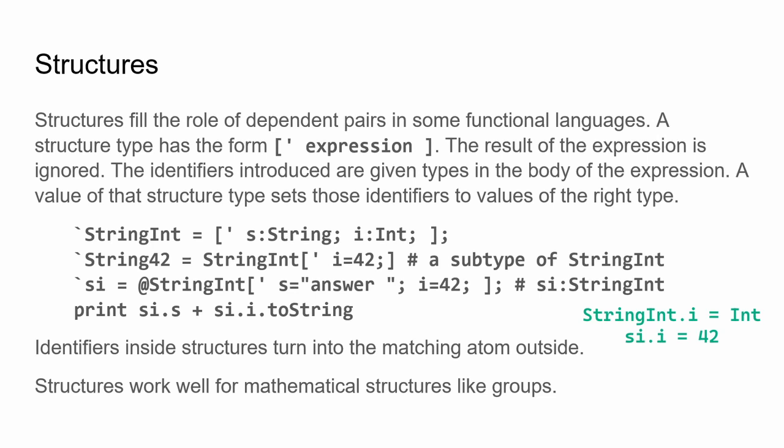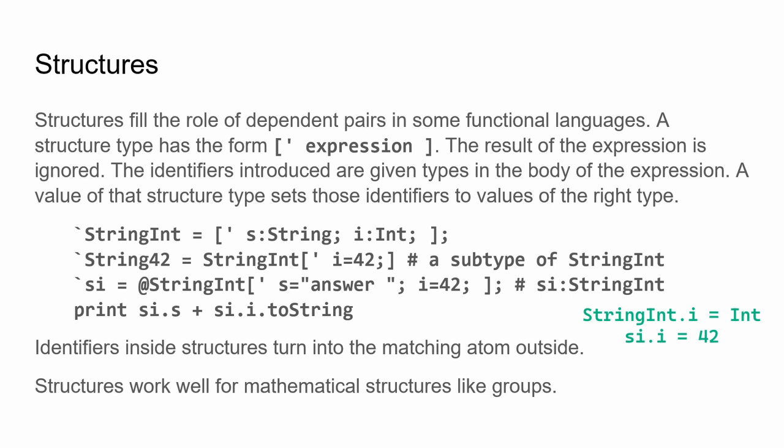We can create another subtype by setting both the string and the integer, but it's still actually a type, even though it only has one value. That's why we have to put in the third line an at in front of the thing to get the value of the type. And we can just print it out in that way.